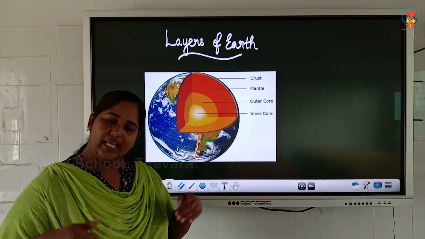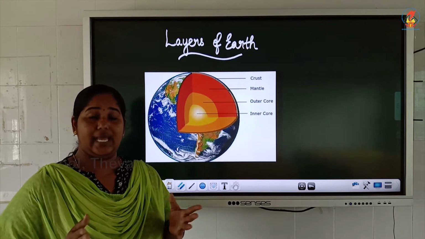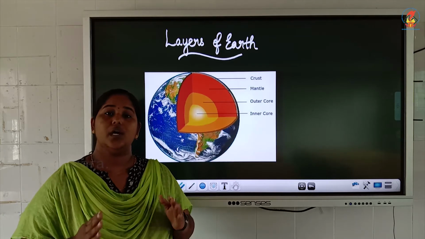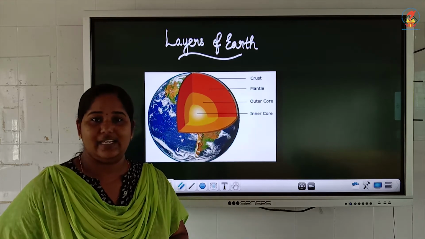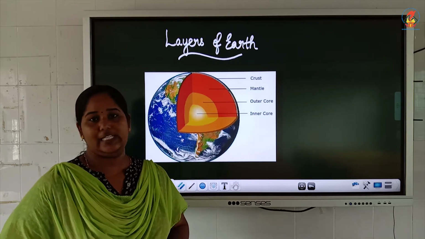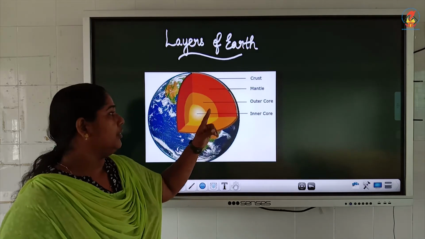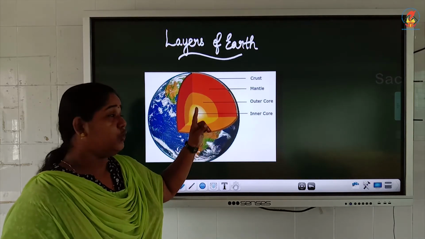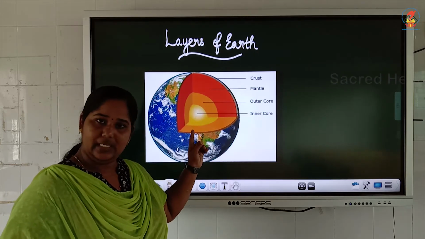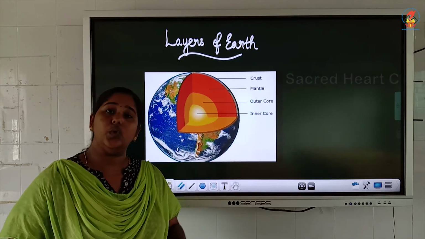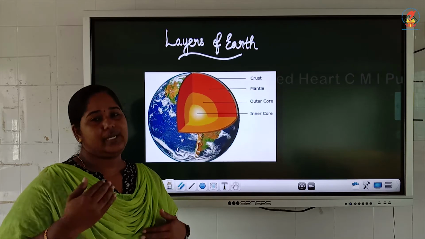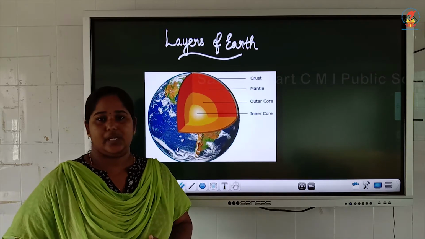When we go deep inside again, you can see the hot molten layer, just like that half-boiled egg. That hot molten layer is called the core of the Earth. You have the outer core and the inner core. Inner core will be too hot. Outer core will be a little bit less.